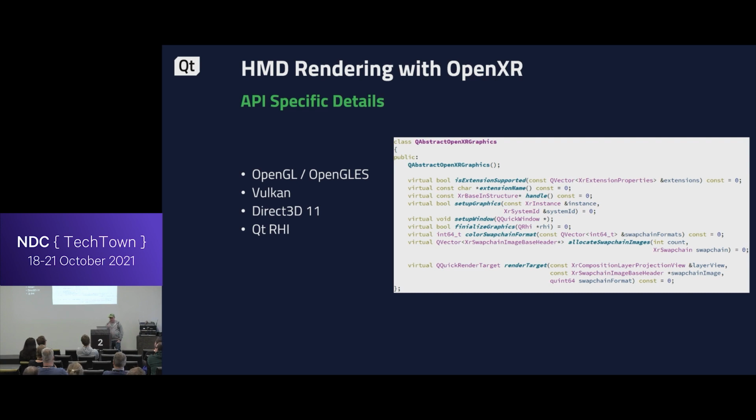I haven't tried, and I haven't written the backend for Metal either. It does work with Qt Quick in the RHI, so Qt can render to Metal, but I don't have any special XR code for that. But I have this interface for all of the different paths that could require some special setup, like how you get the render texture, for example.